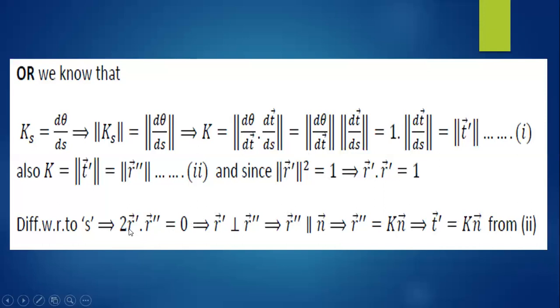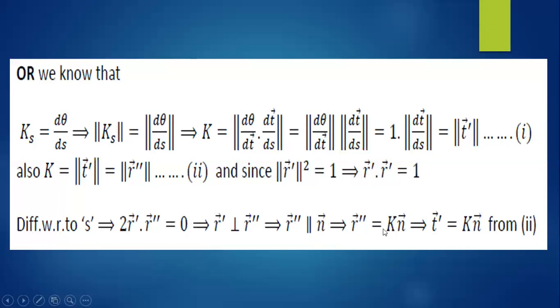Thus, if the dot product of two vectors is 0, these two vectors are perpendicular to each other. R prime is a tangent vector, and the tangent vector is perpendicular to the normal n. So when r prime is perpendicular to r double prime, then r double prime must be perpendicular to n.